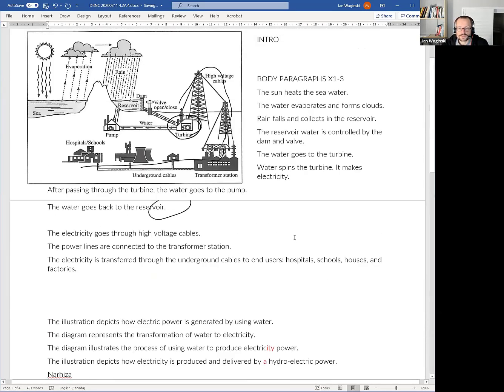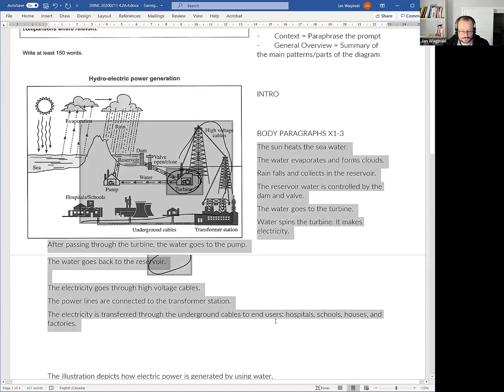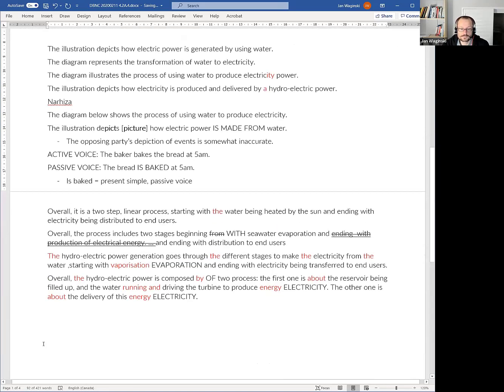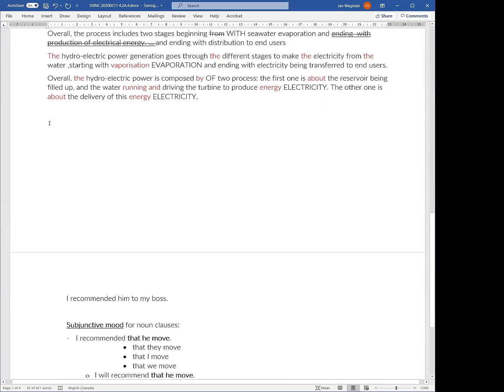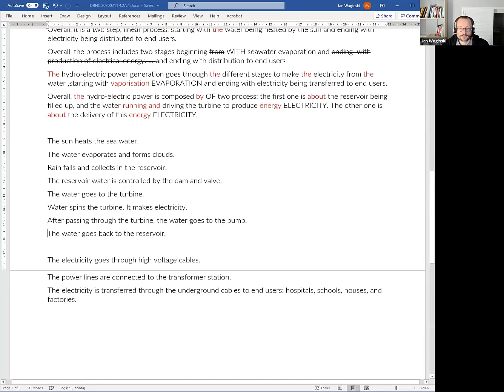So now we're going to transform our simple sentences into something better. So we need transitions, and we've got to put these together.